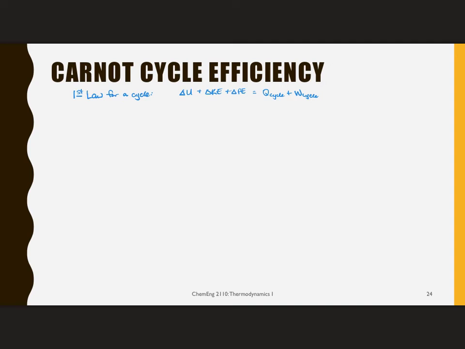But by the same logic, we just said that delta S for the cycle had to be 0. We're returning to the same initial state. Each of these state properties must be uniquely 0. And so therefore, Q for the cycle plus W for the cycle has to equal 0 for any cycle. This is true for any cycle.